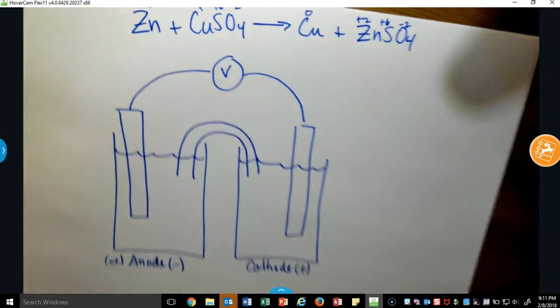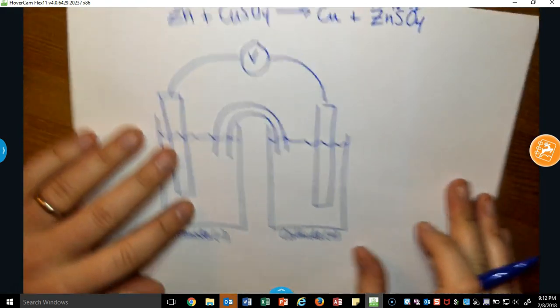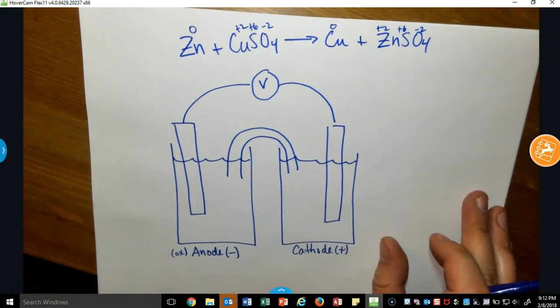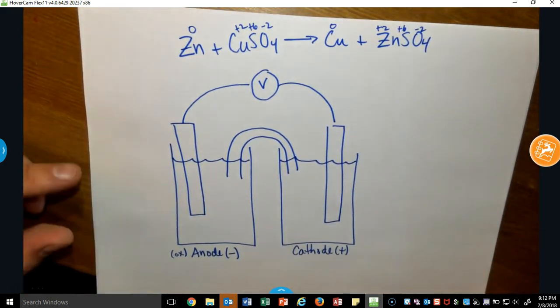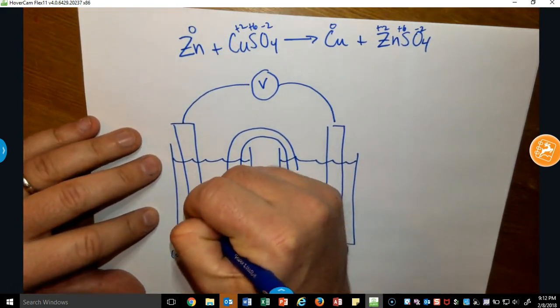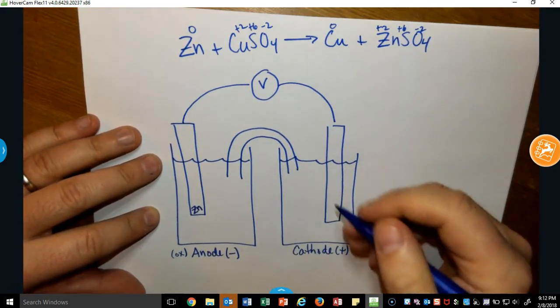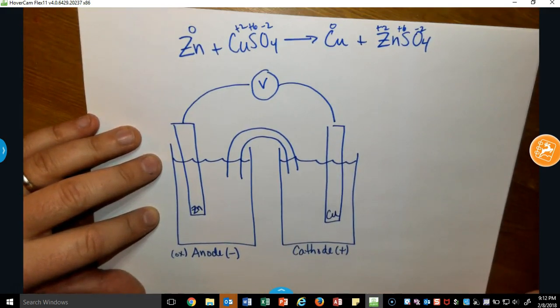I can't, so let me just adjust this and put it up a little bit higher so we can see everything on the page. Sorry, I've got to get used to this thing. Okay. So since oxidation occurs at the anode, the electrode in the anode will be made out of solid zinc. And so the electrode at the cathode will be made out of solid copper.